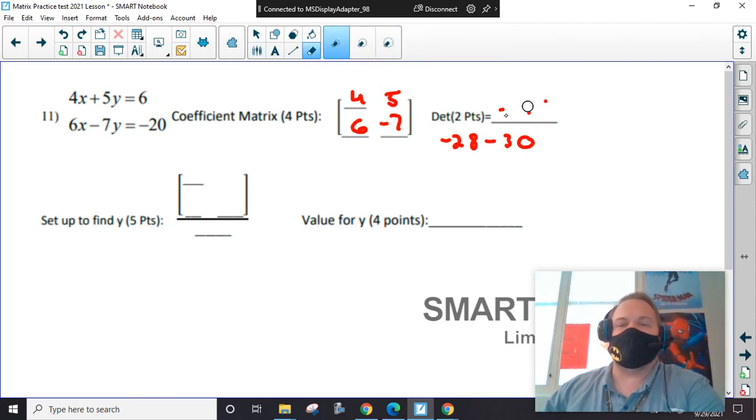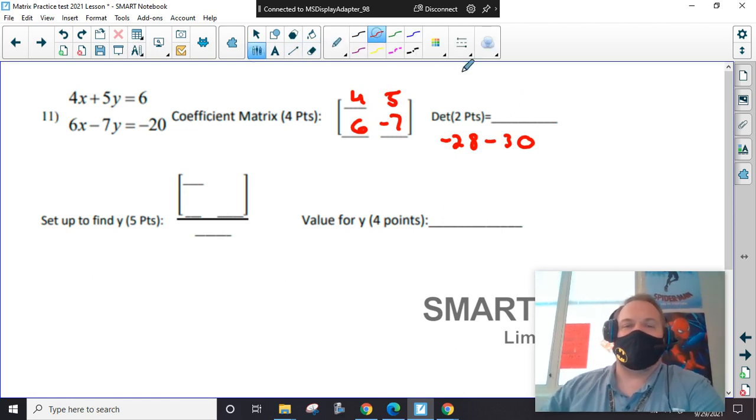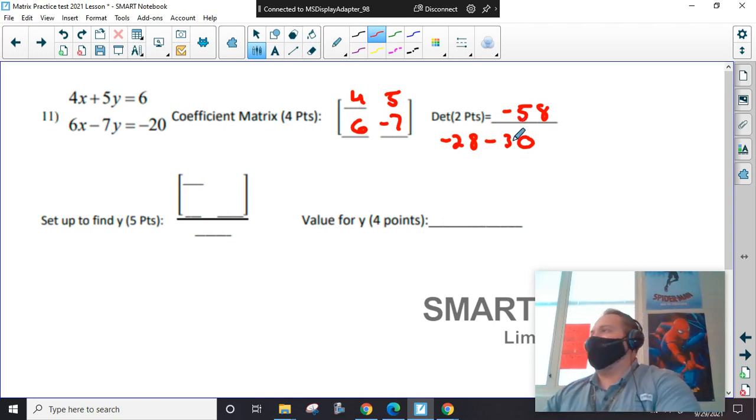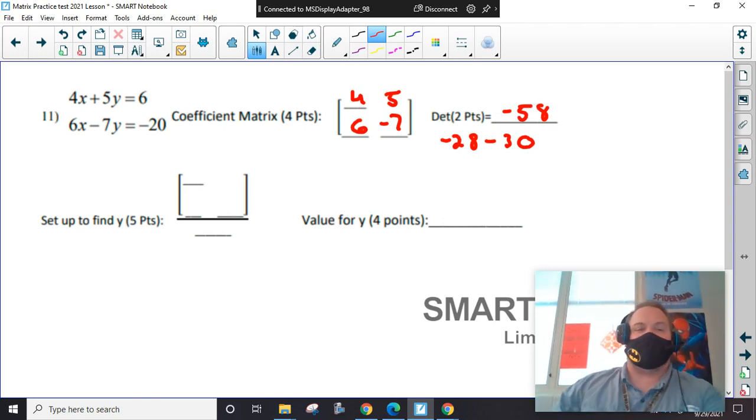Okay, so now, all right. So once we find that determinant, where do we stick it over here? On the bottom. If we're following along with the color coding, we should know.